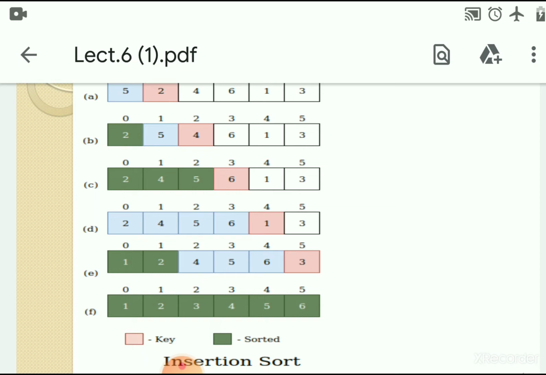Lastly, the fifth element is 3. Again we compare it with the 0th element, no change. We compare it with the first element, again no change. When the fifth element is compared with the second element, that is 3 compared with 4, we see that 4 is greater than 3.